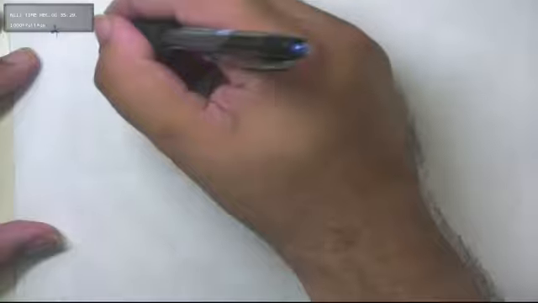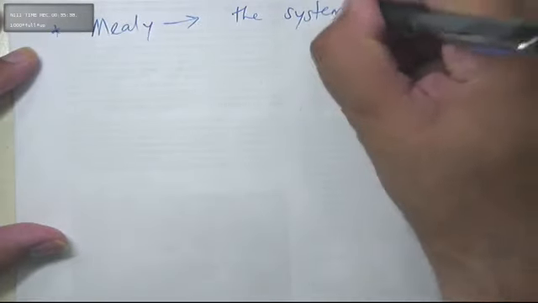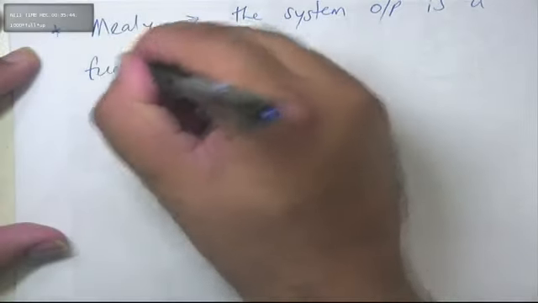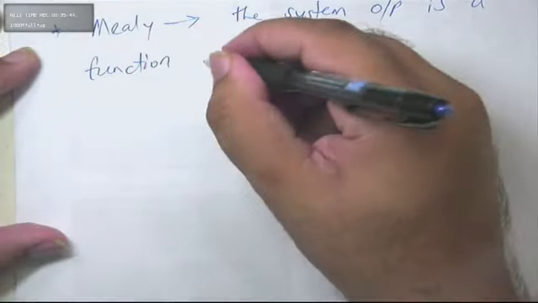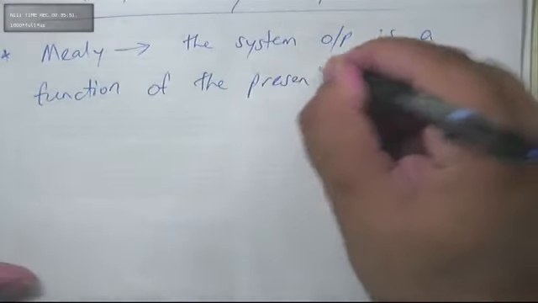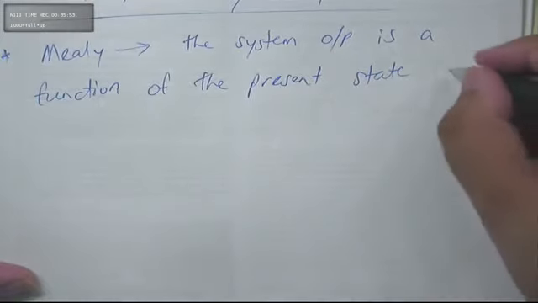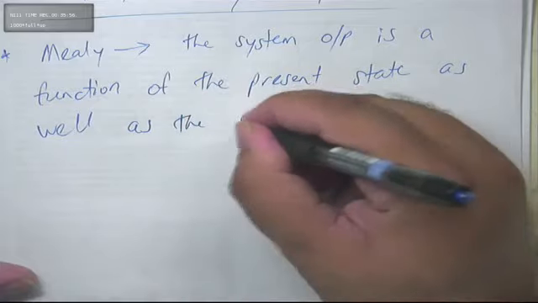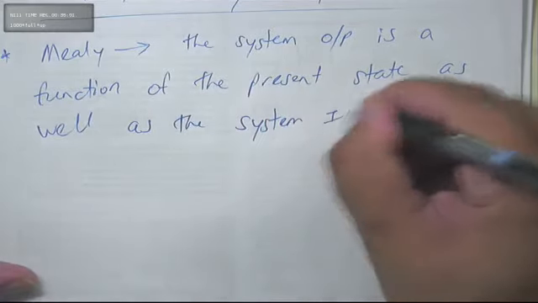Now, in the Mealy state machine, the system output is a function of the present state as well as the system input.